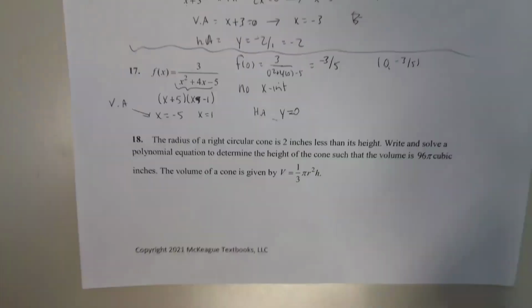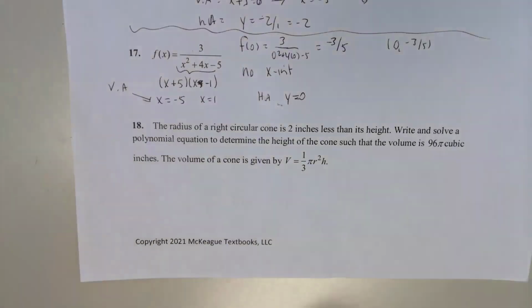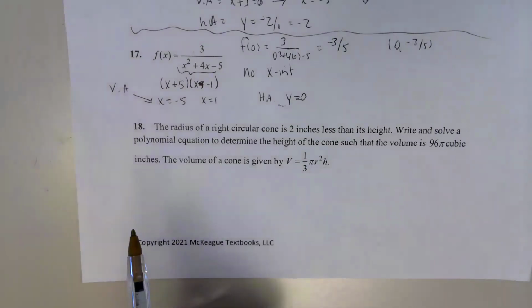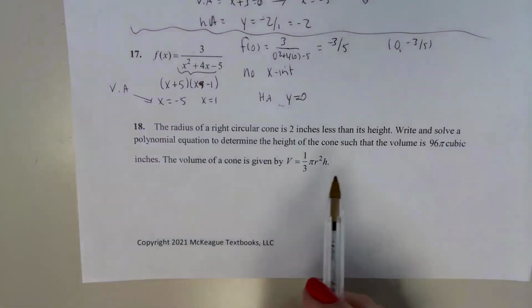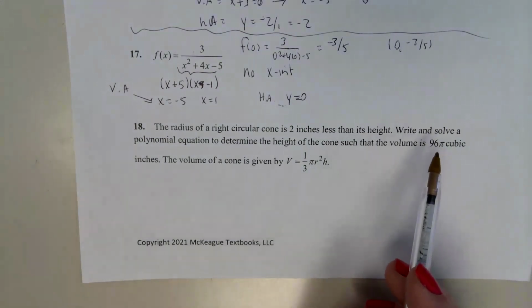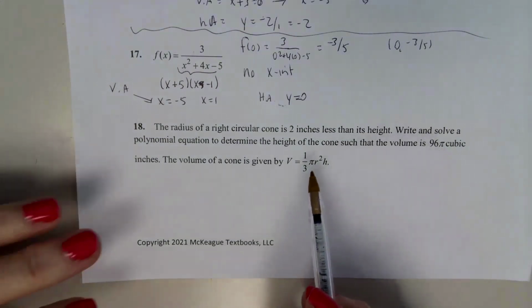Okay, and the last question, number 18, says the radius of a right circular cone is 2 inches less than its height. Write and solve a polynomial equation to determine the height of the cone such that the volume is 96 pi cubic inches.